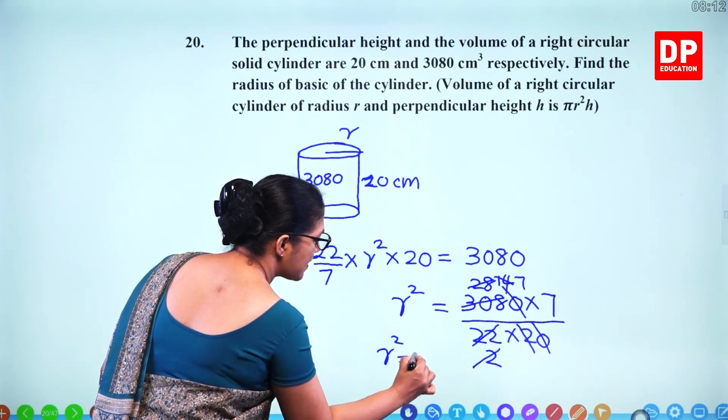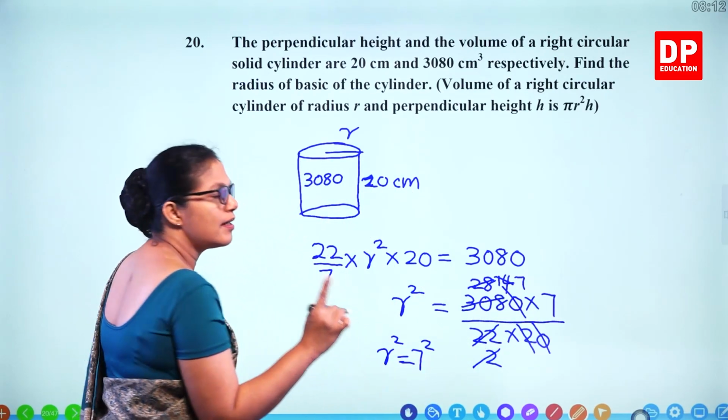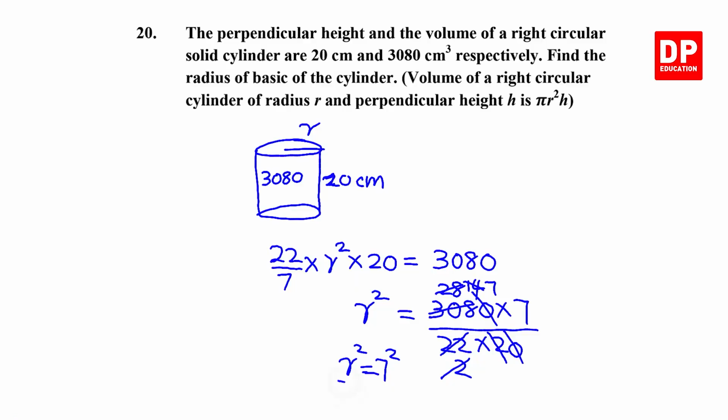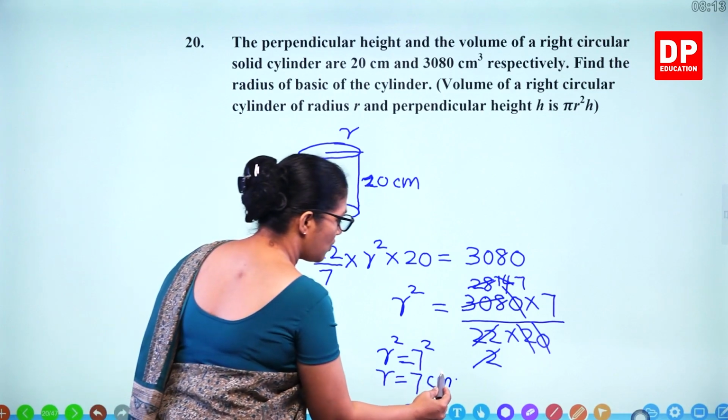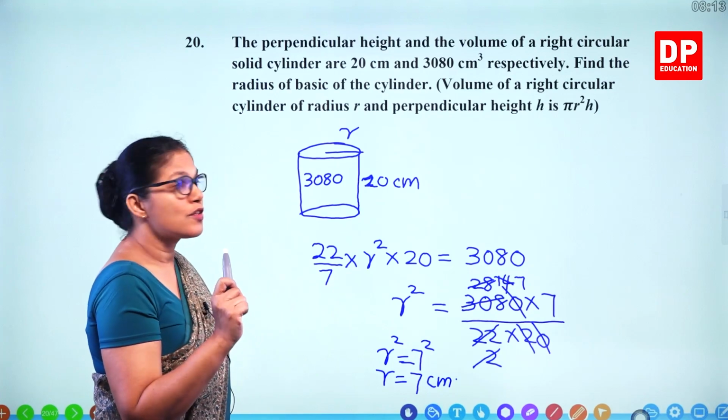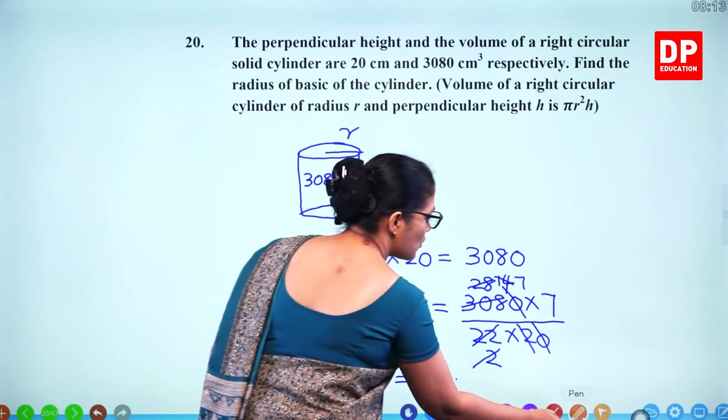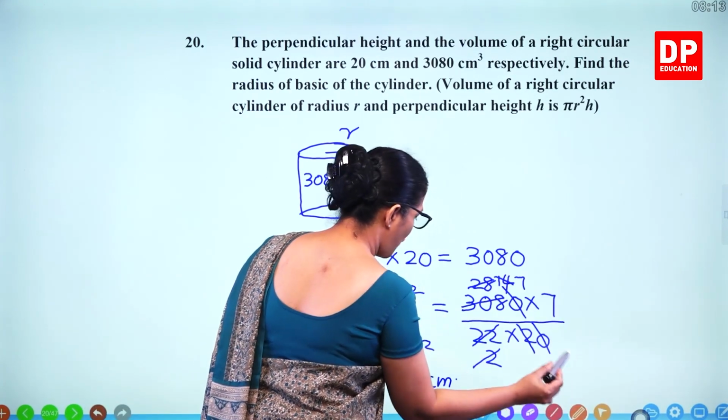So r squared is 7 squared, which means what is r? Take the square root. r equals 7 centimeters. So that's the radius we need. So you get 2 marks for that.